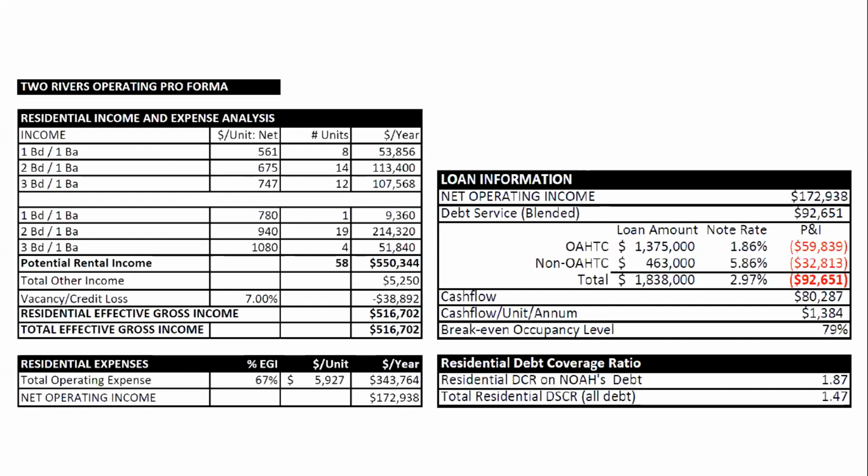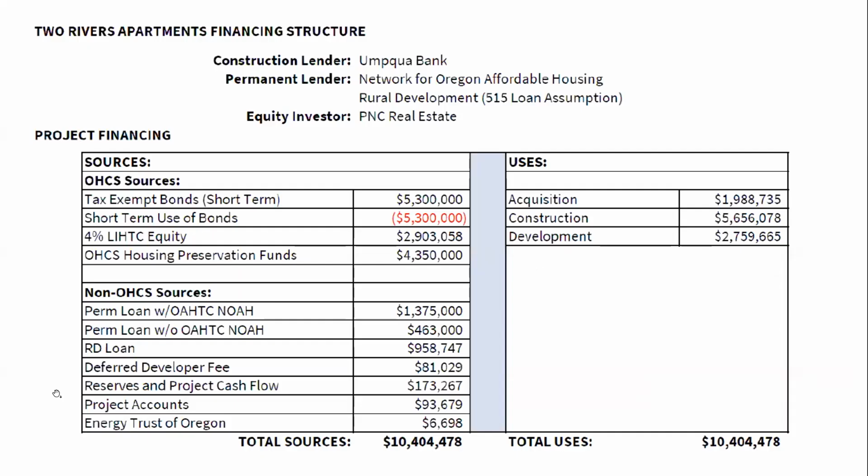But the one nice thing about the portfolio, if Adrian, if you could go back to the sources and uses slide, is that these are two separate RD projects, and they're not consolidated. They're a portfolio because they're too far away, and normally RD will only allow consolidations when you're in the same market area. But it's considered one tax credit project.